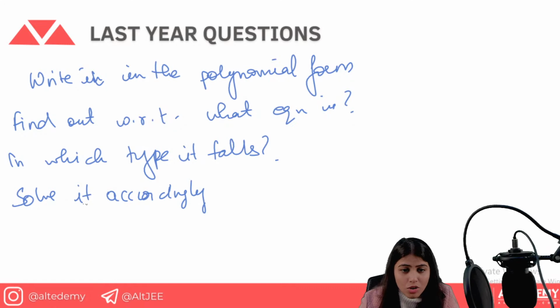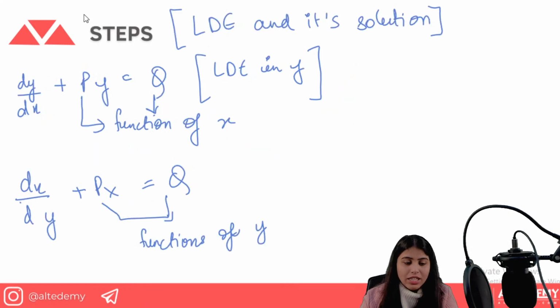Okay, so for solving the differential equation, these were the steps. Now we have this equation, that is dy by dx plus py is equal to q. Now I assume you already know about the integration factor here. In linear differential equation, the most important thing is the integration factor. And what you do here is you integrate with respect to p.